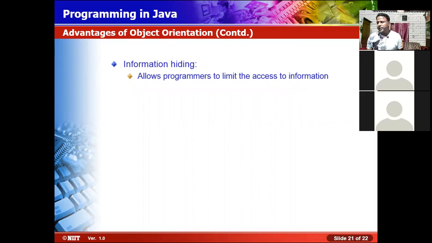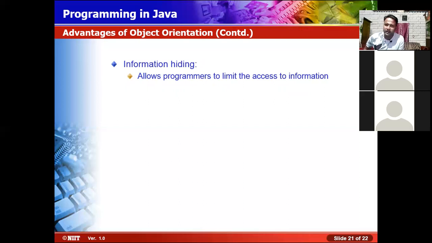Most important thing is what? Information hiding. It allows the programmer to limit the access to information. Like when you are uploading a photo on Facebook, some photos you make public. Some photos you are sharing with your friends.